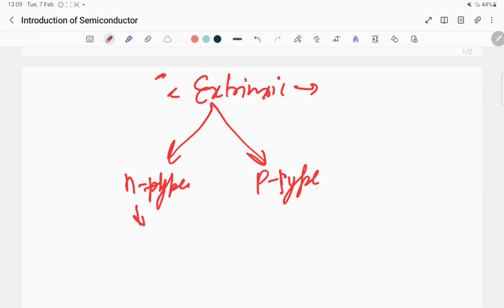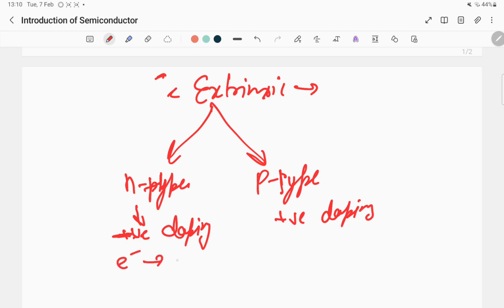N type semiconductors are the class of negative doping, and P type is positive doping. In N type, the electrons are dominant. In P type, holes are dominant.